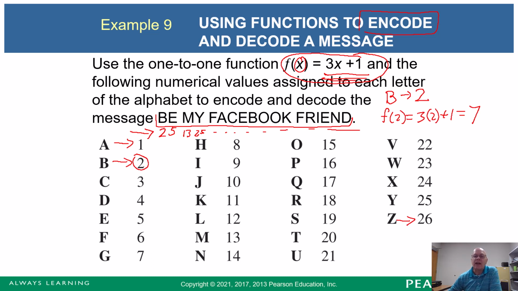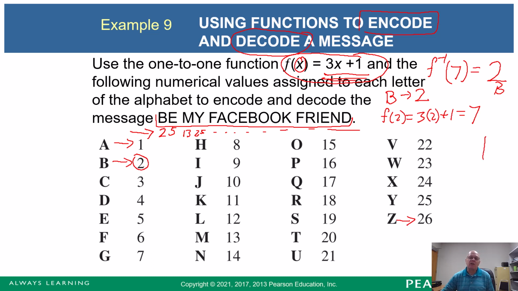But when your friend gets it, they take the 7, perform the inverse operation, or the decoder, and they can get that 2 back again. They recognize the 2 as a B. First letter of your message that you encoded and sent over to your friend. Continue doing that, and you can send a message.